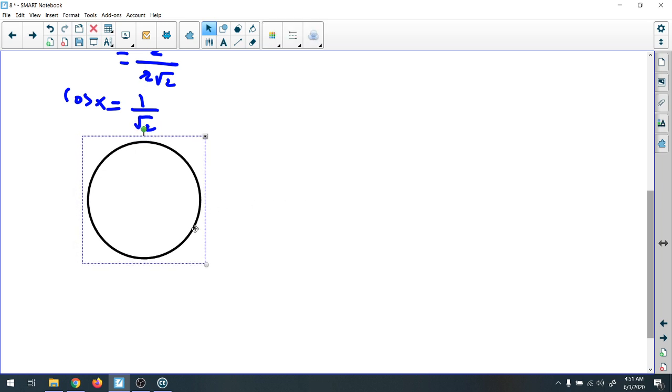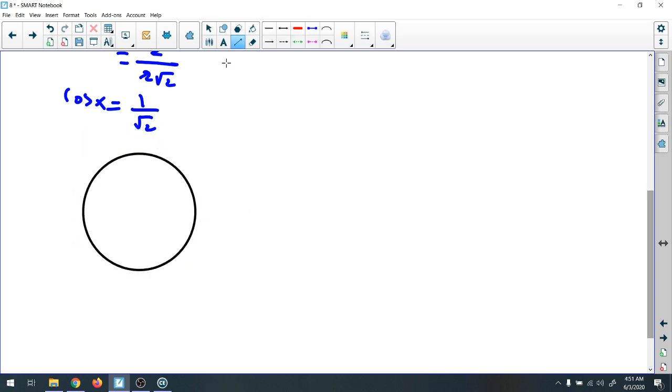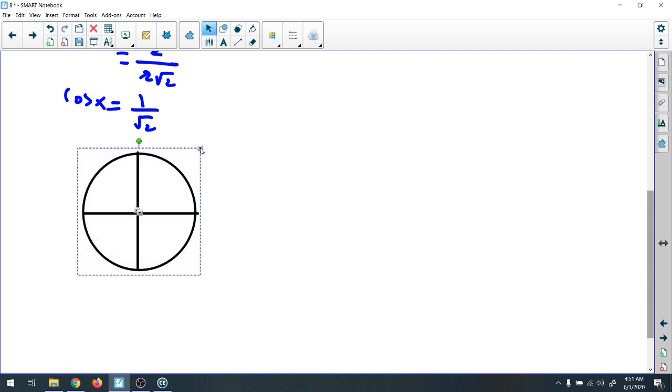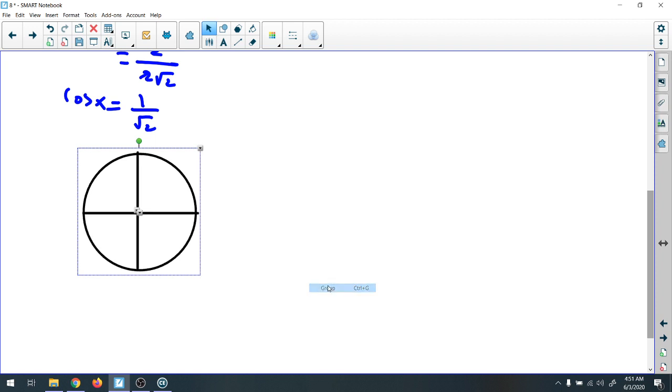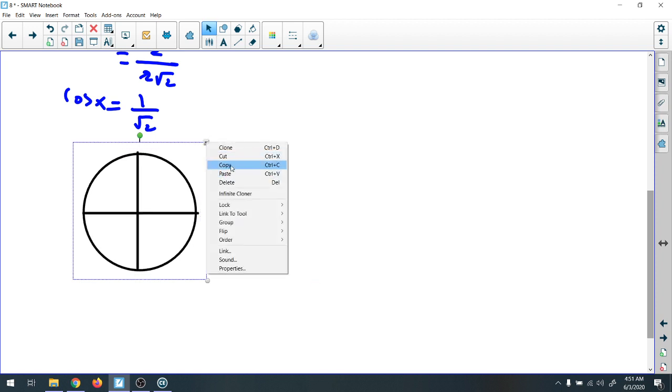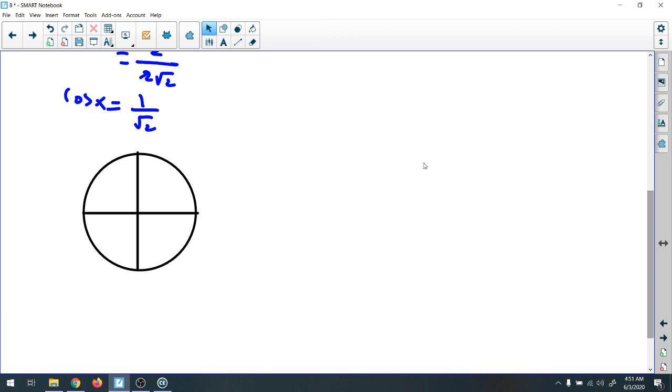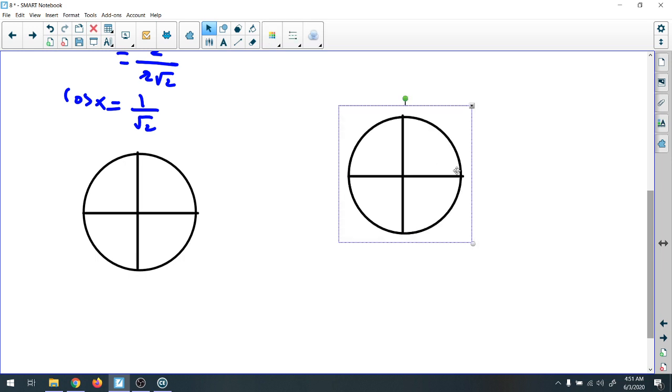Then the y-axis, x-axis, good. And we might need another one here. Copy. Okay, needed for the second angle.